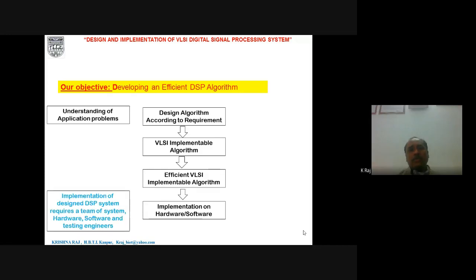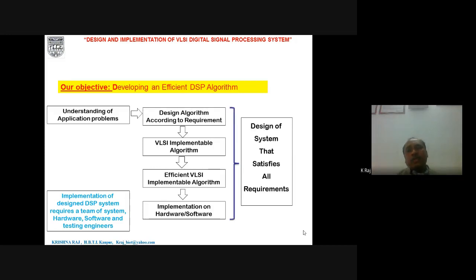When we say the implementation of any algorithm, then implementation of the designed DSP system, it requires a team of the system, hardware, software, and the testing engineers. Here, the design of the system that satisfied all requirements have these steps, that is the understanding of the application problems, designing of the algorithm as per our requirement.